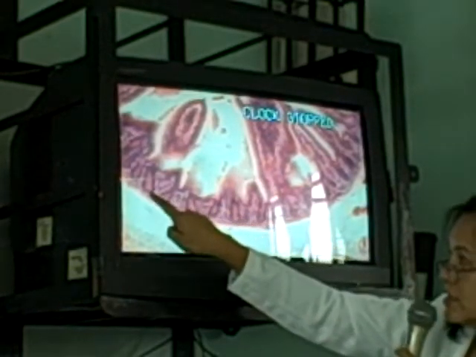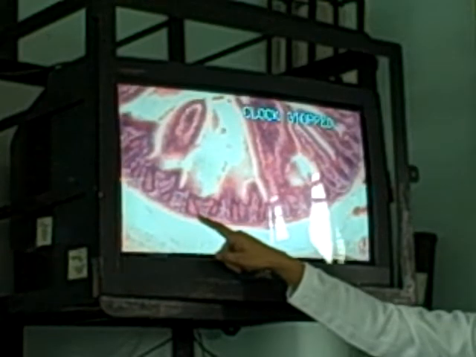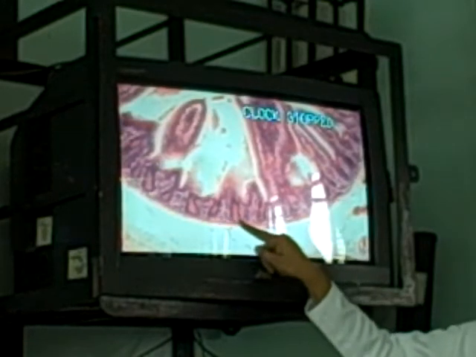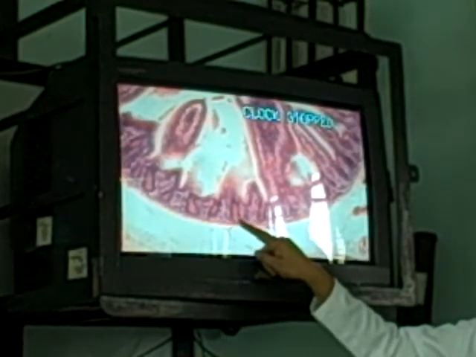And then you see the darker pinkish or more reddish color, which is occupied by your Paneth cells. So the characteristic cell of your small intestine is Paneth cell. Although in duodenum, the first portion, it's a little scanty in number, but once they go into jejunum and ileum, they increase in number.